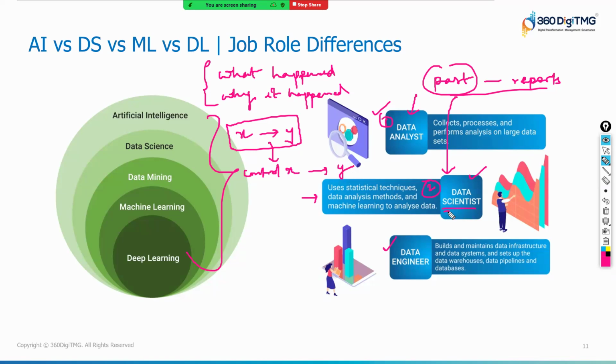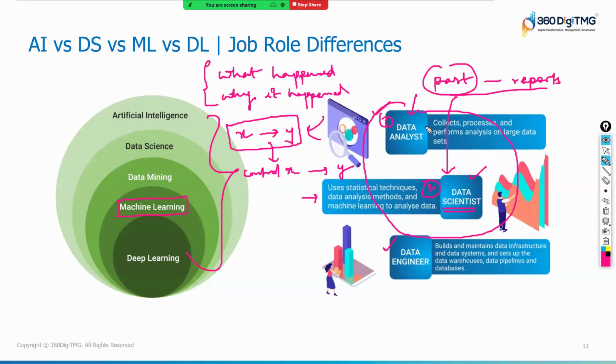So this data scientist is responsible for defining the relationship, and for that, we use various machine learning algorithms. And then finally, you also see the data engineer role, which comes before these two in the order.